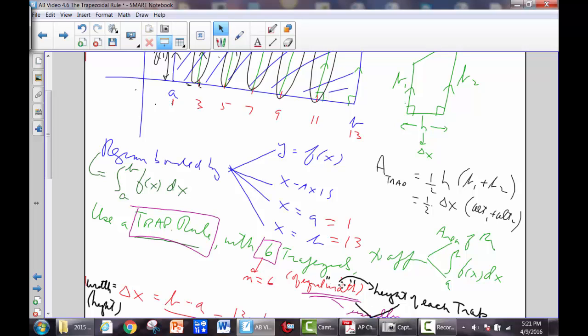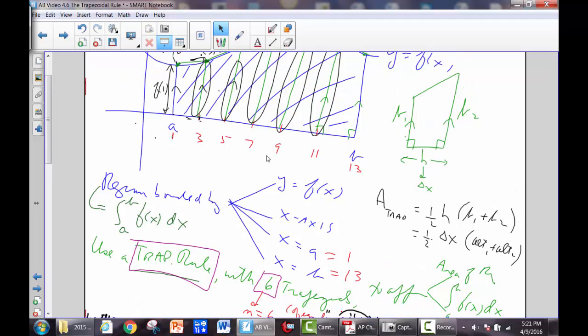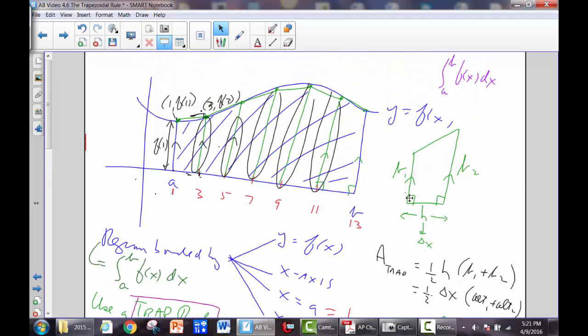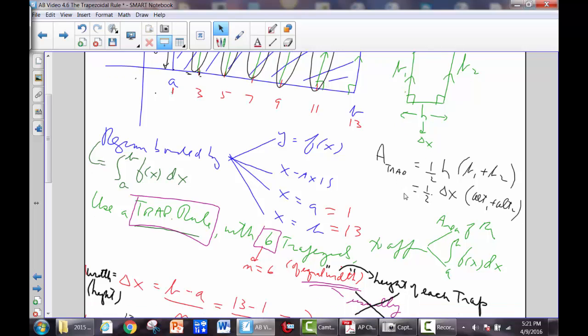The interesting thing is the equal width here. What we're doing is our trapezoids are sideways. Our parallel bases are now vertical, and our height is actually our dx. So the area of any one of these green trapezoids is 1/2 its height, which is dx, and the sum of the bases is actually the y-coordinates of these altitudes.